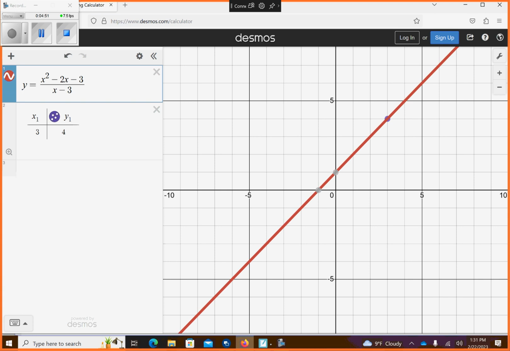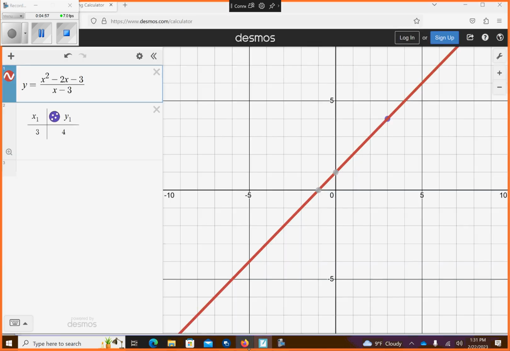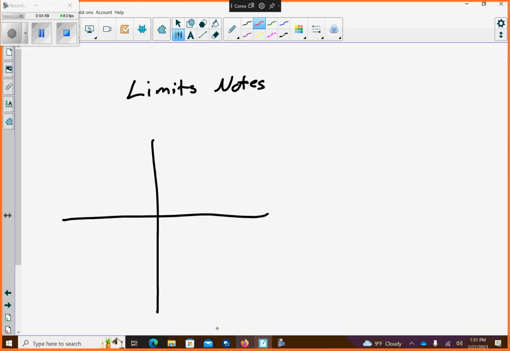And so if I go back, just drawing an XY axis, and I have my line drawn, 1, 2, 3. Okay. This is our hole.